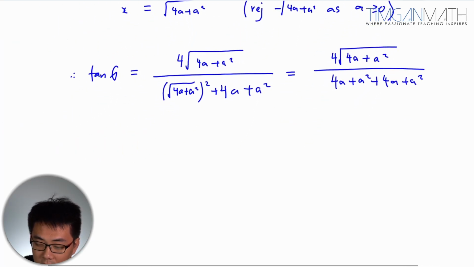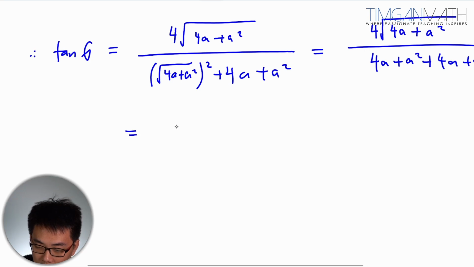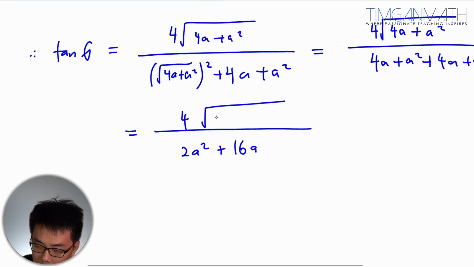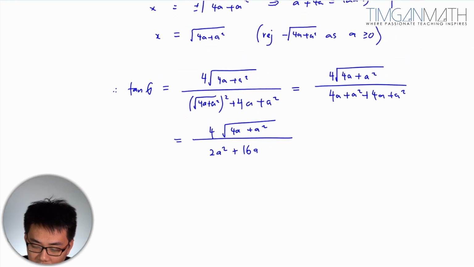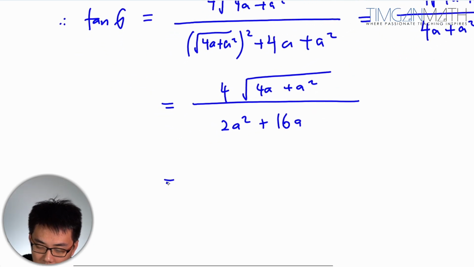Goodness, so many of these a's. And so this will be 2a squared plus 16a over 4a plus a squared. We could simplify it: just divide by 2. This will be 2a squared plus 8a.